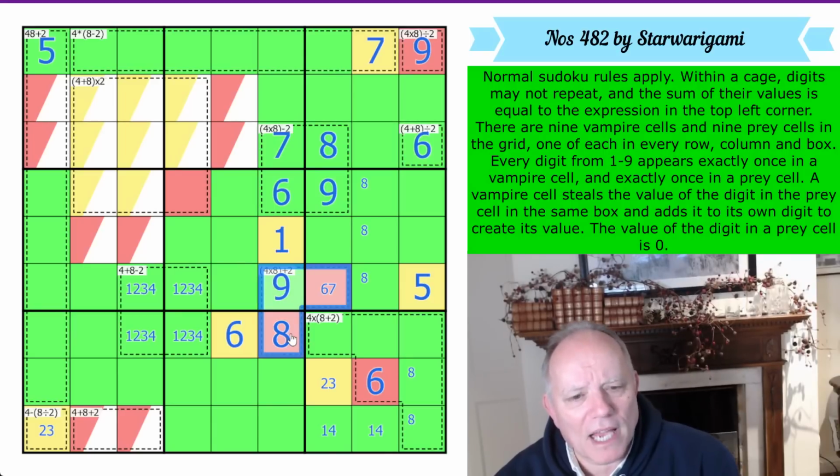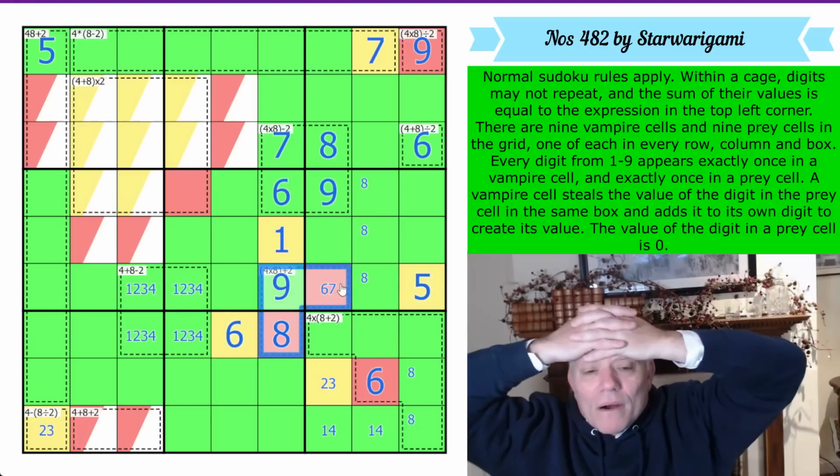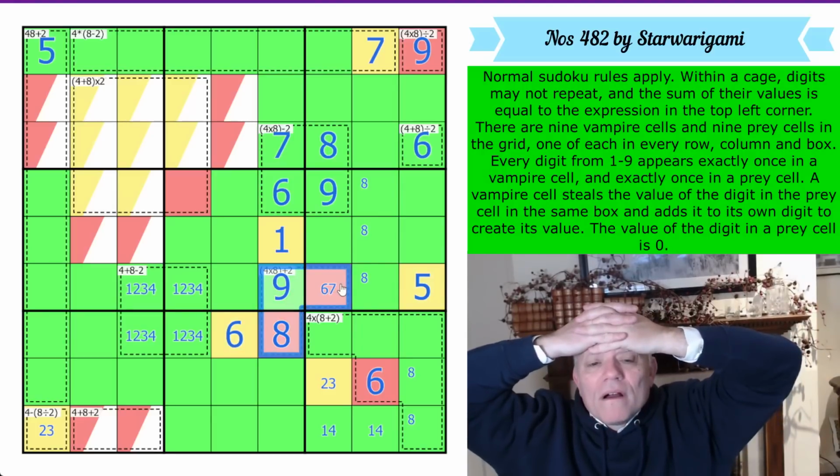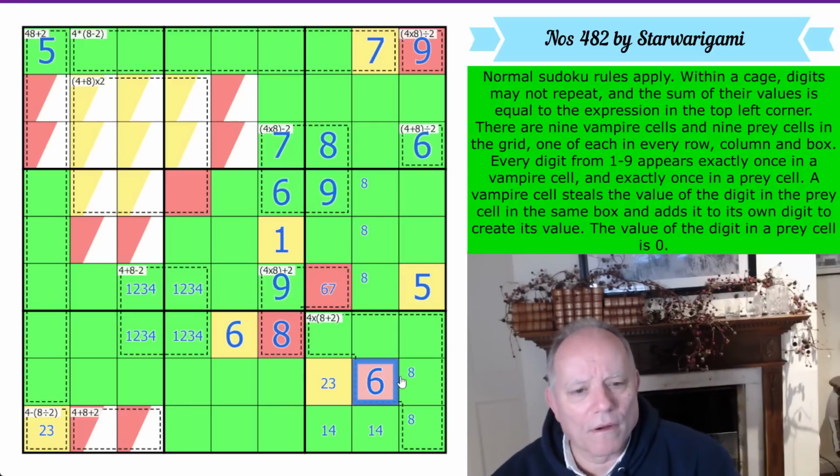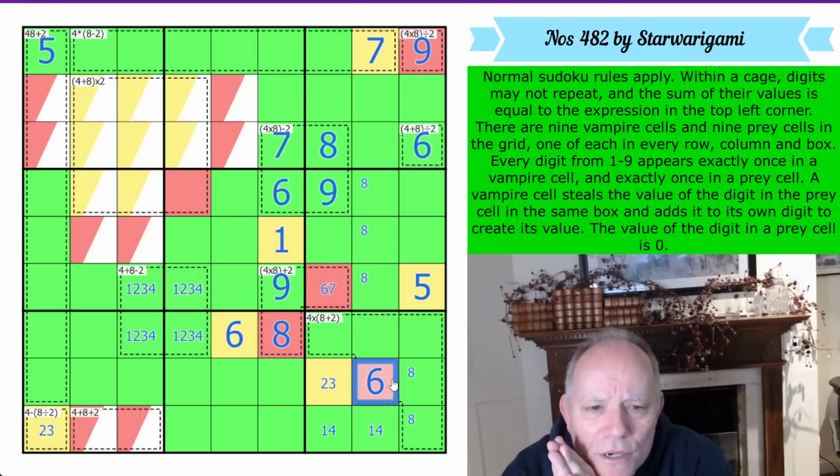This cage will add up to 24 plus 11 is 35. Oh, Mark. You can't put another 6 in red. Was this 6 wrong? What's gone on? I was so solid. I was so certain this was going well.